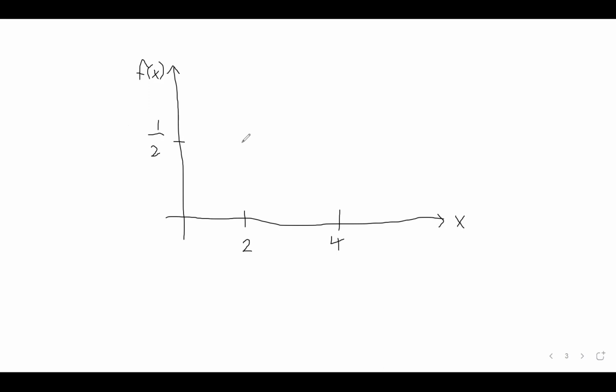So let's go with pink. Between 2 and 4, the height is 1/2. And then everywhere else, meaning including 2 and 4, the value of the function is 0. Okay, so that's the graph of y equals f of x for that example.